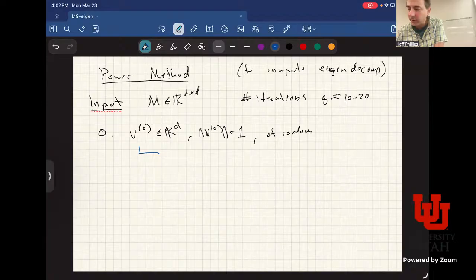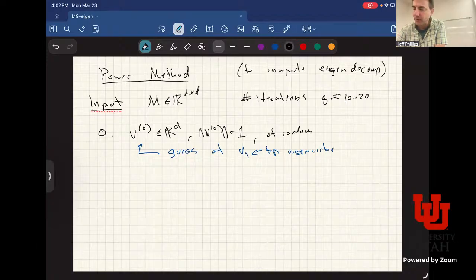Think of this as a guess at v1, the top eigenvector.